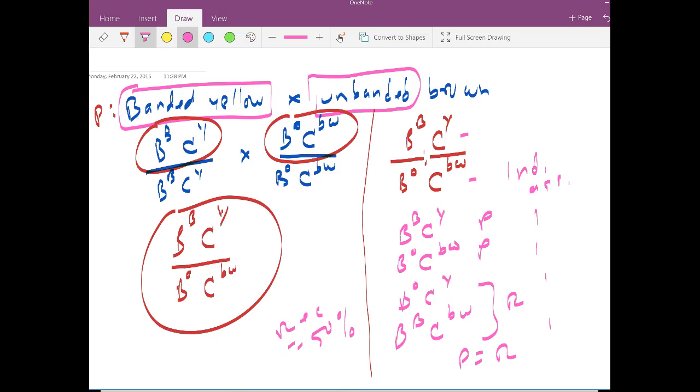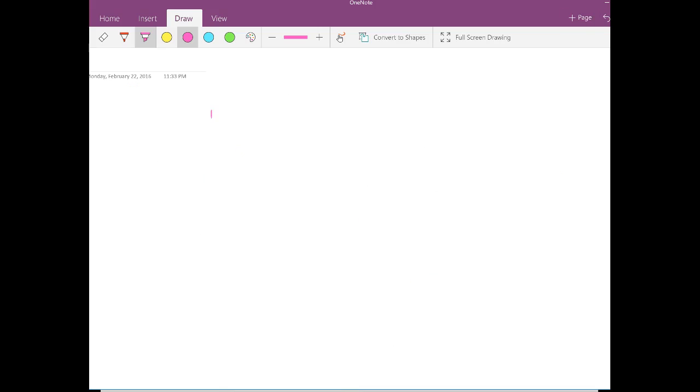All right. But now what if we've got a heterozygote and it was like this? Now they're linked, but they're 20 map units apart. What does that mean?